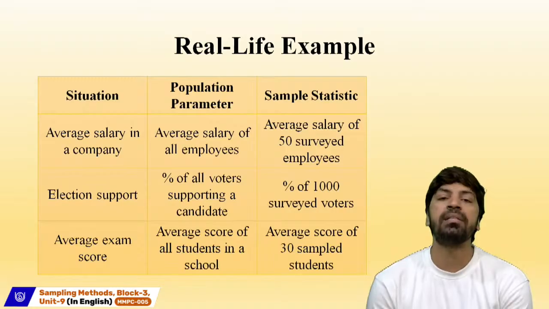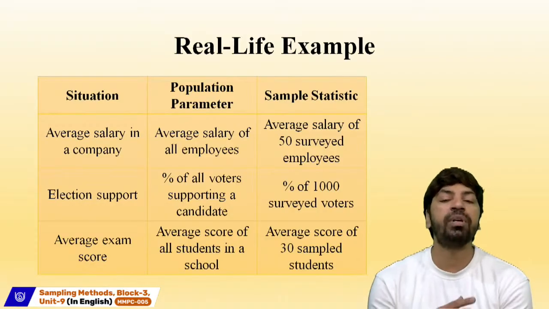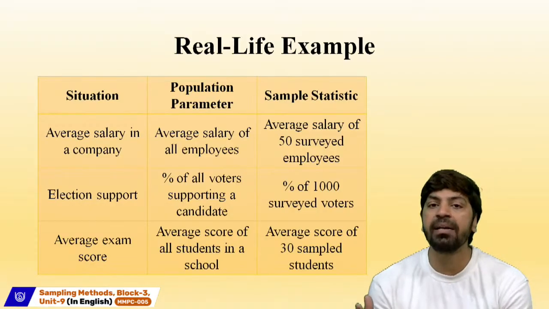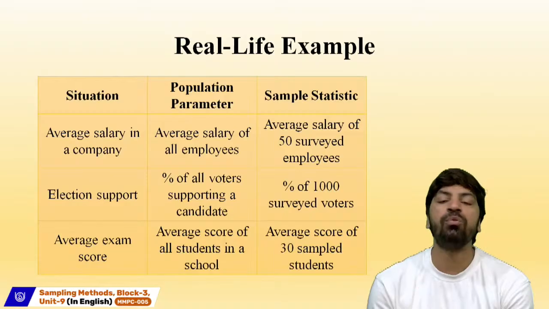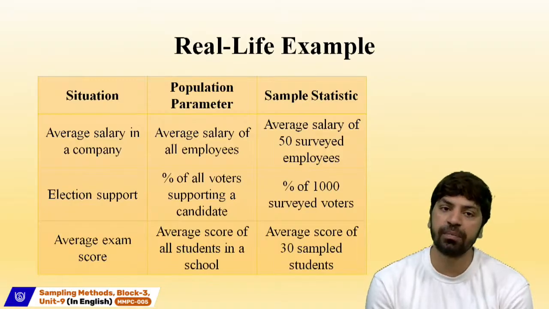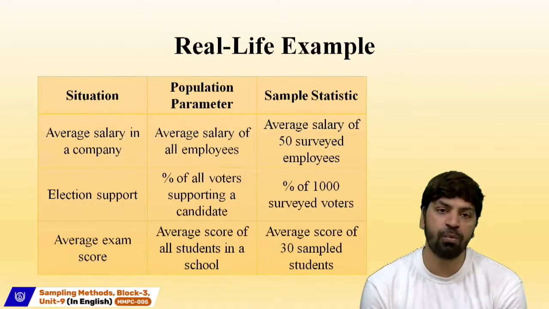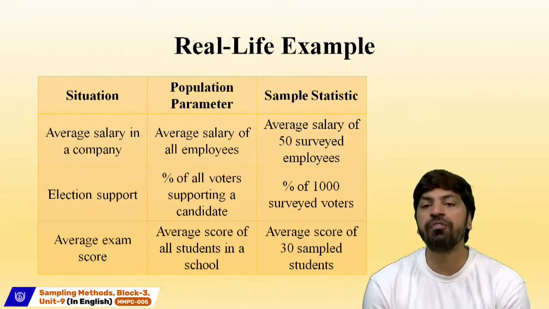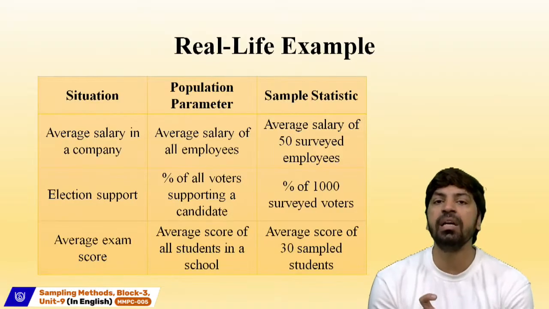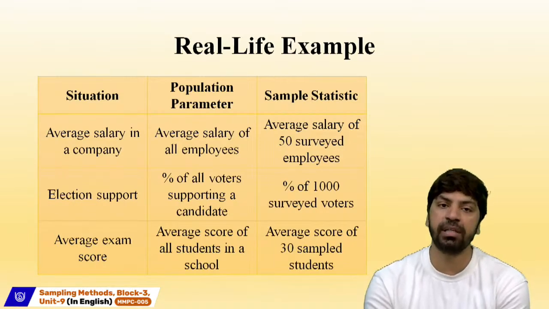Election support: the population parameter would be the percentage of all voters supporting a candidate, but the sample statistic comes from only the 1,000 voters selected and surveyed by the researcher. Average exam score: the average score of all students in the school is a population parameter. Sample statistic is the average score of 30 sampled students.